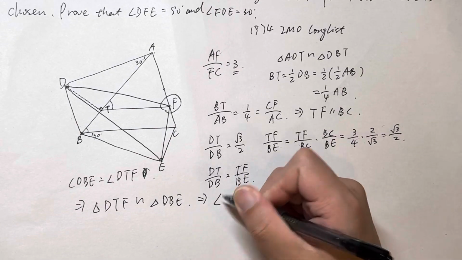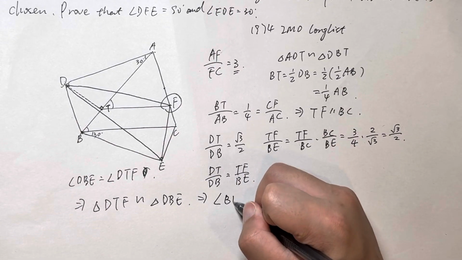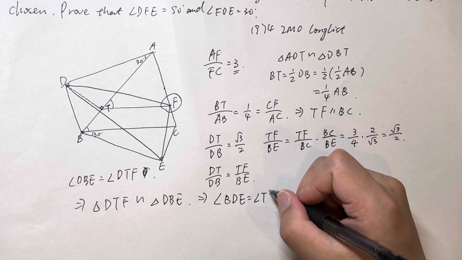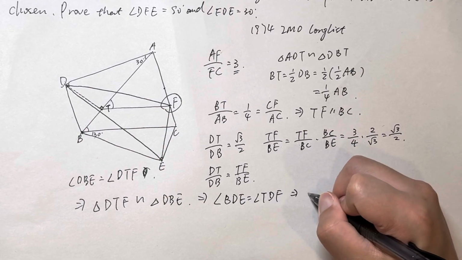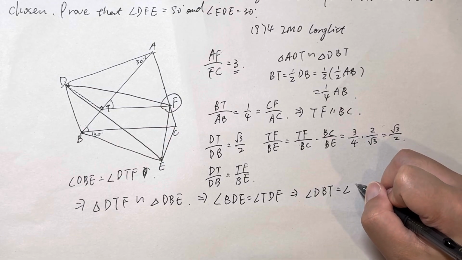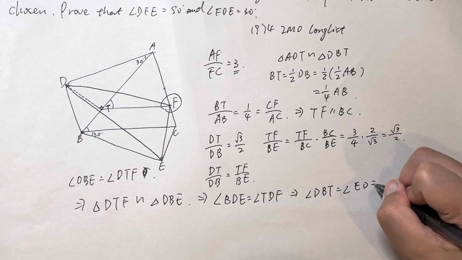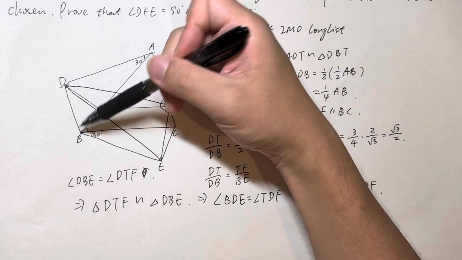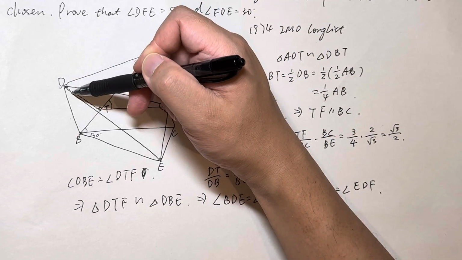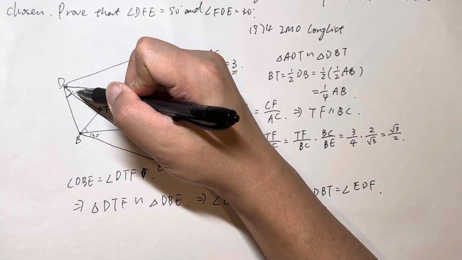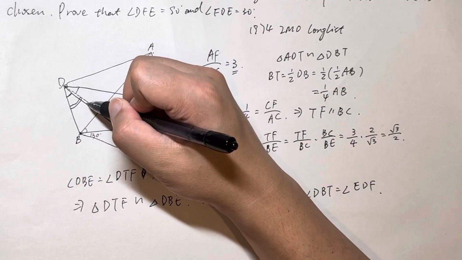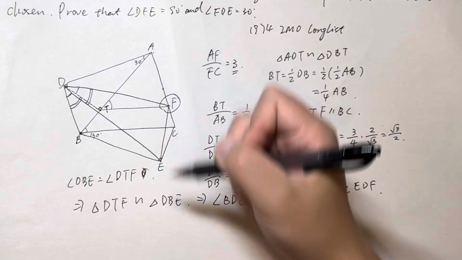Which means angle BDE equals angle TDF, which means angle DBT equals angle EDF. We know that this triangle is similar to this triangle, so this angle equals this one. Then this angle equals this angle.